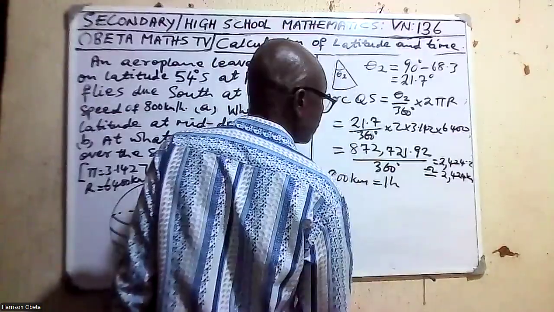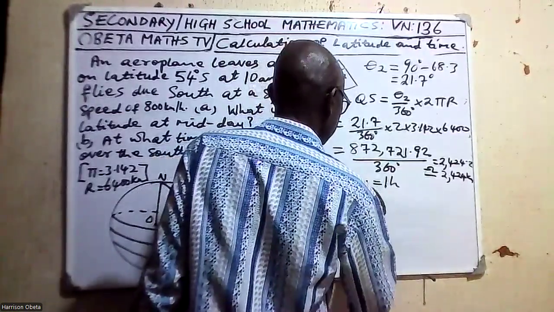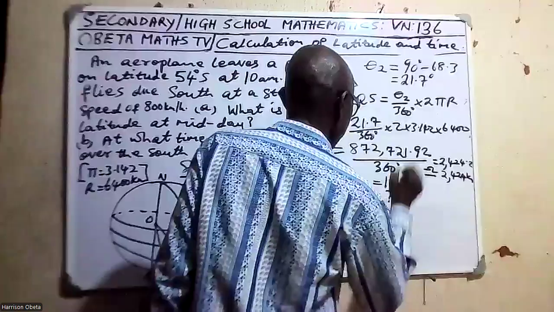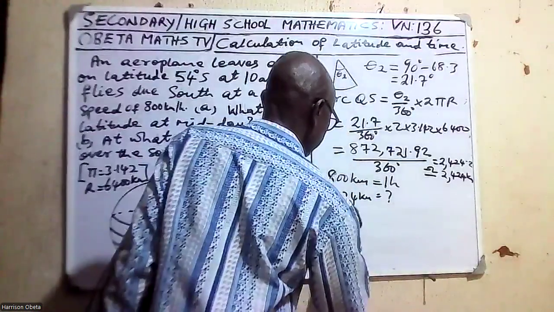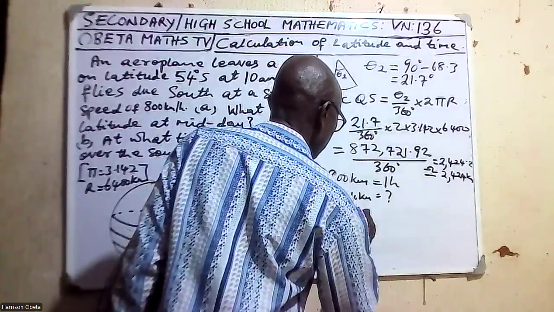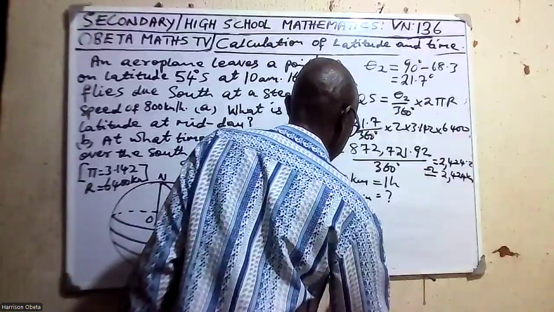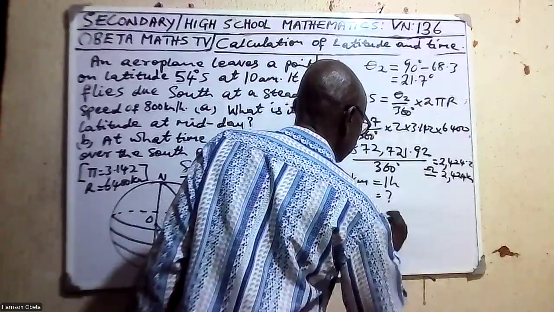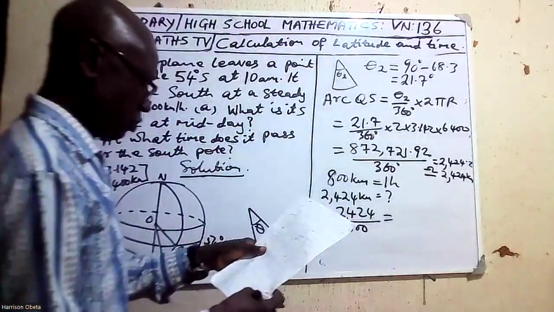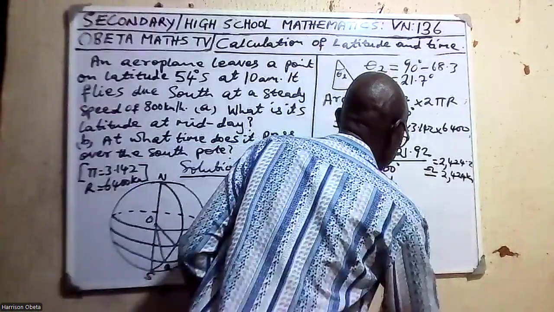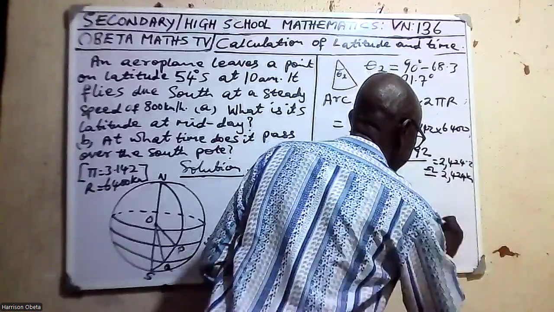Then 2,424 kilometers will give us how many hours? We divide, and that will be 2,424 all over 800. When you divide, you have 3.03 hours.